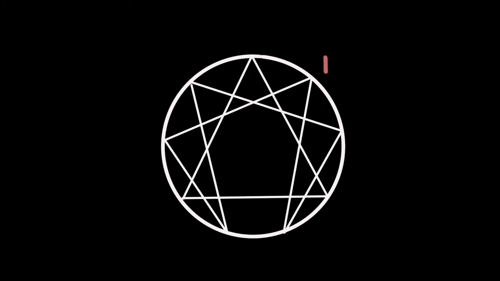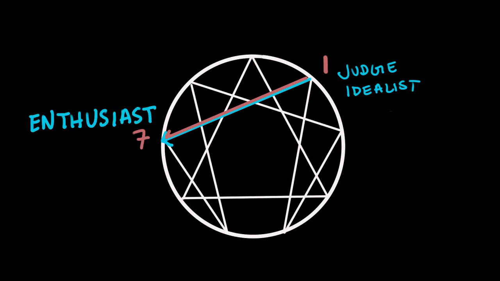So when a 1, we're going to start with the 1, who's all about justice and judgment and rules and propriety, is moving towards health, towards their wholeness as a human being, they take on the positive characteristics of the 7. So they go from justice and rules and rigidity and idealism, and there is a proper way to do things. And they don't reject those virtues.